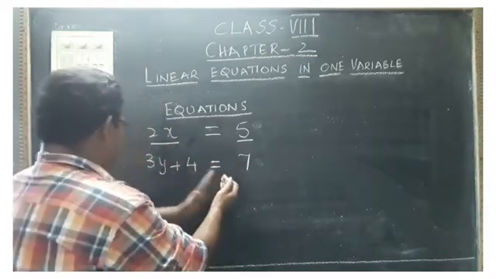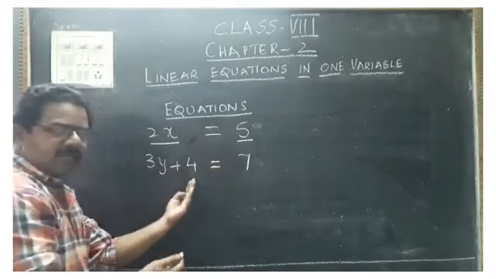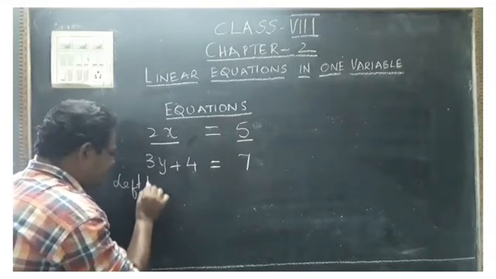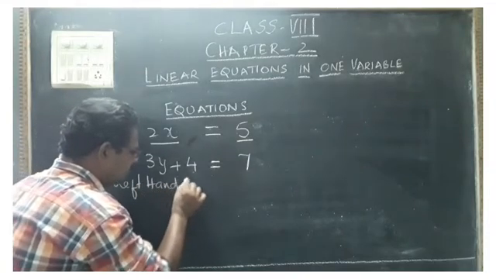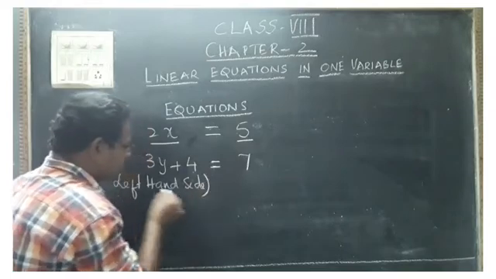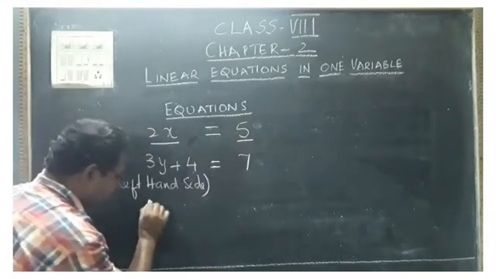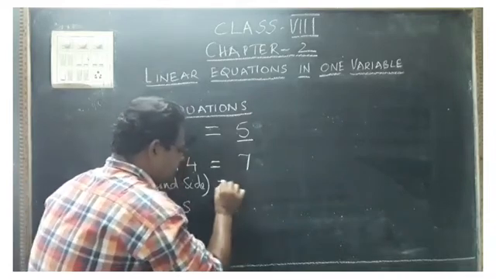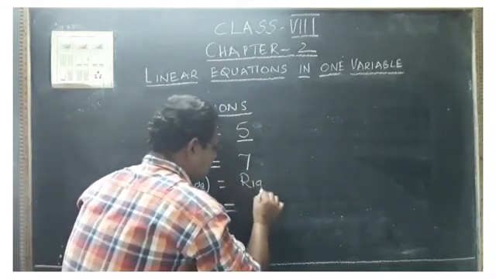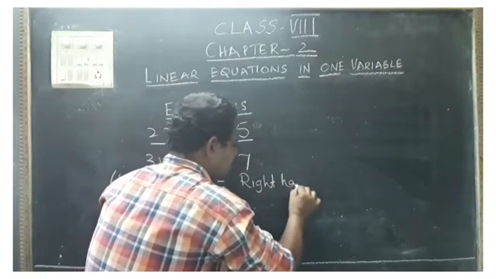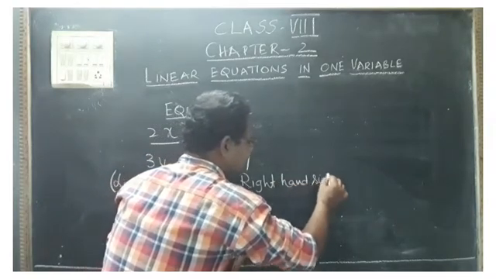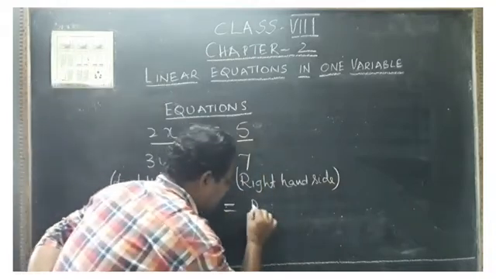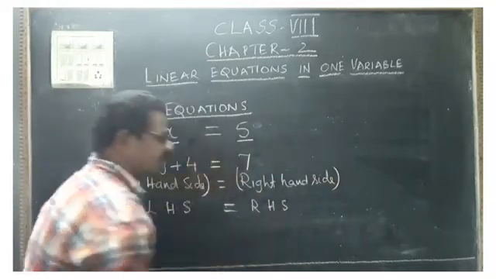The left side of the equality symbol is called the left hand side, shortly LHS. The right side of the equality symbol is called the right hand side, RHS.